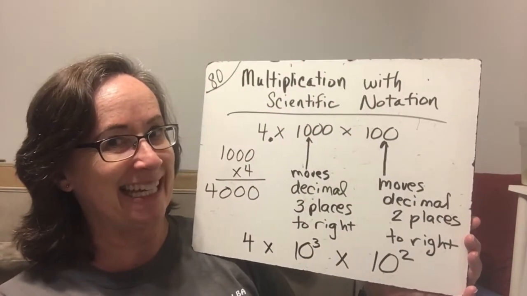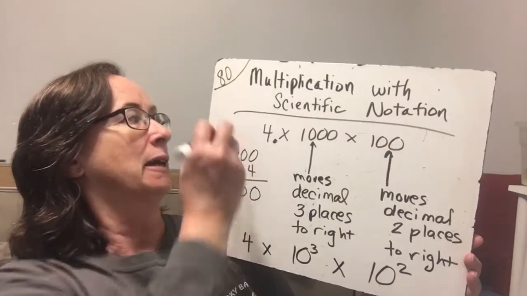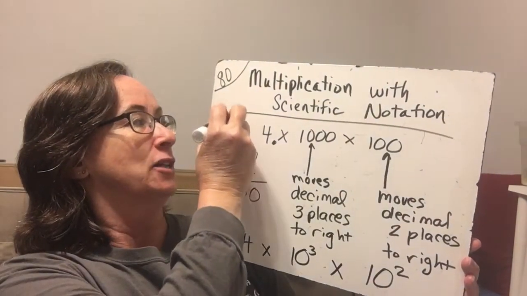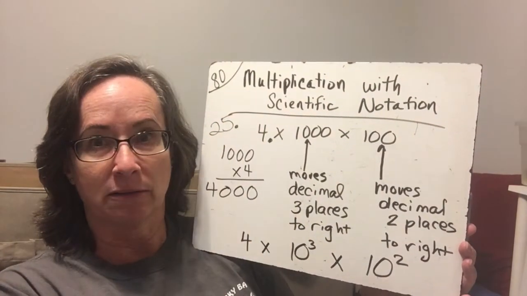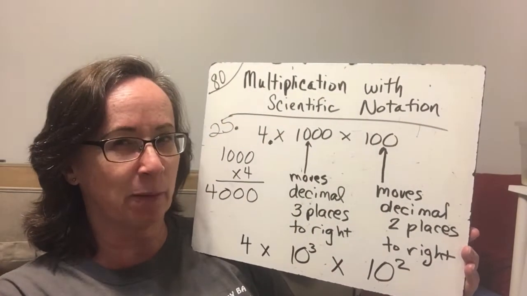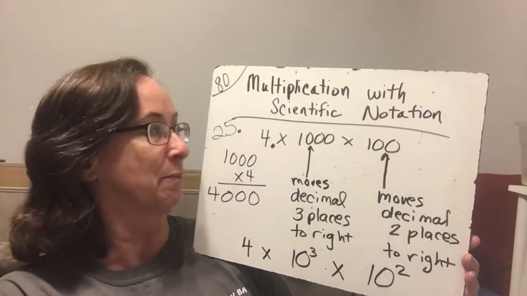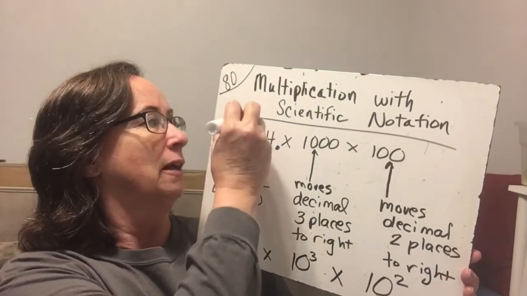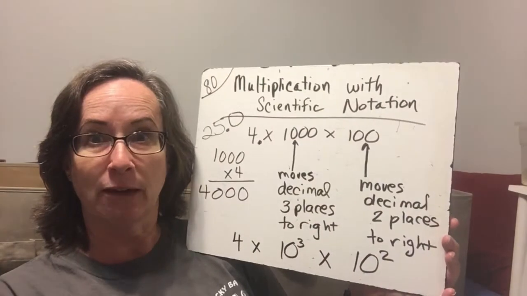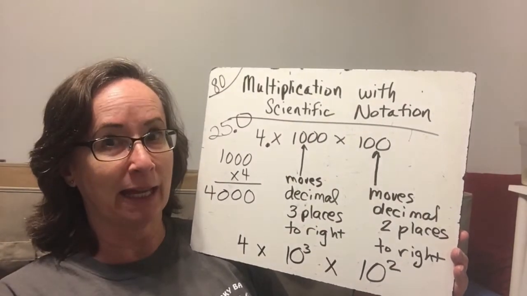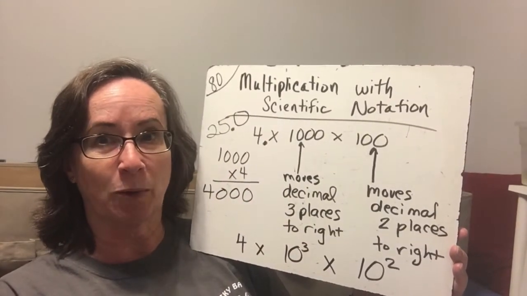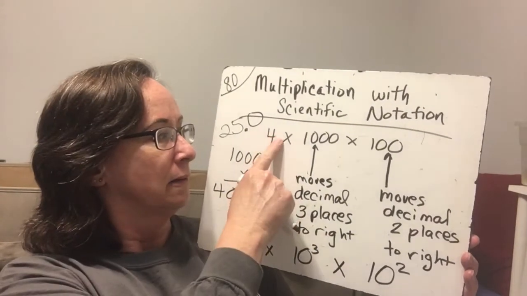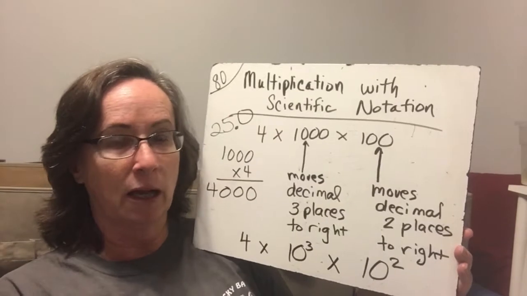We don't always see it, but when we write a number like 25, it is really 25 decimal. We just don't write the decimal because there's nothing coming after it. But if we wanted to, we could put 25.0, and it would be the same thing as 25. And 4 point is the same as 4.0, or the same as just 4.